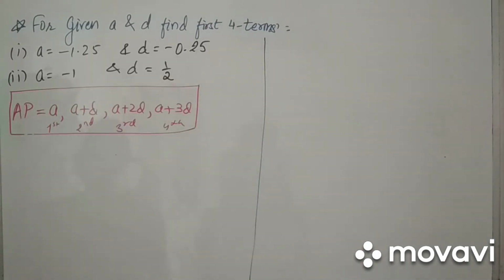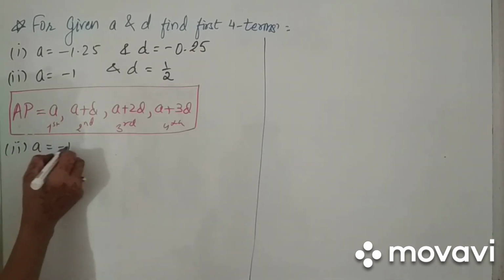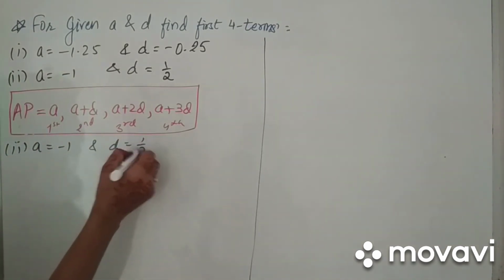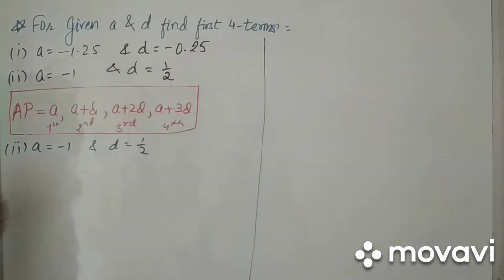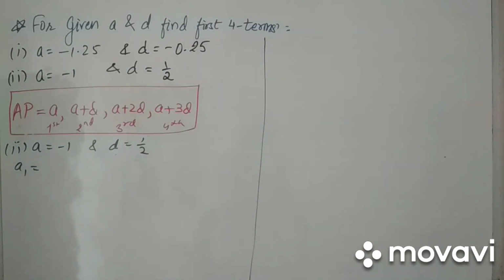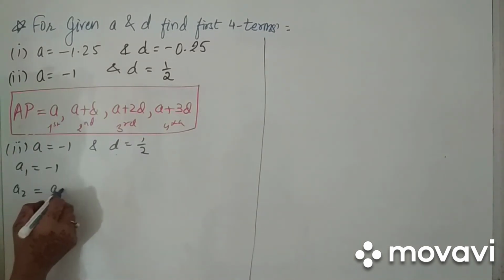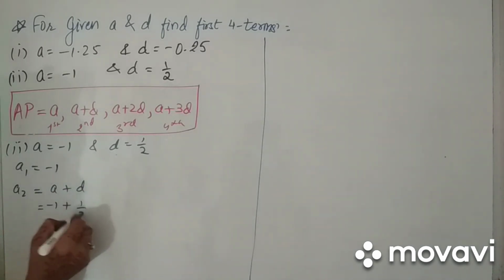We will solve it for the second question where A is equal to minus 1 and D is equal to 1 upon 2. Same format. A1 is equal to minus 1. A2 is equal to A plus D, meaning minus 1 plus 1 upon 2.